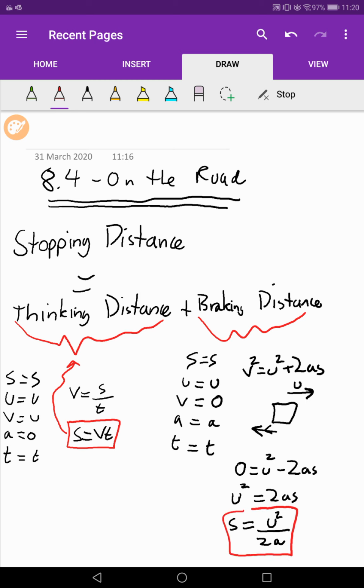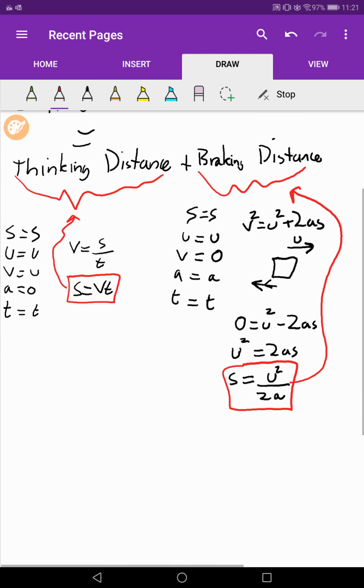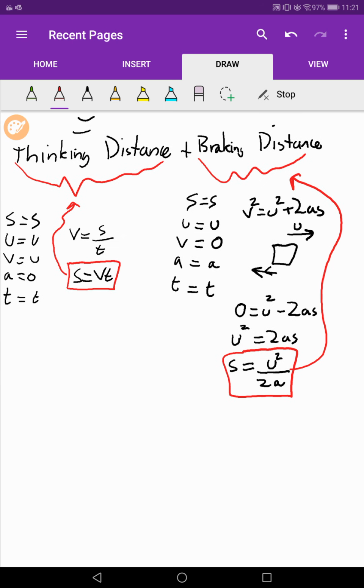And that is our braking distance. Now it comes out as exactly what you think. The better acceleration of the car, the better deceleration of the car, the shorter the braking distance. However, here you have a very interesting conclusion.